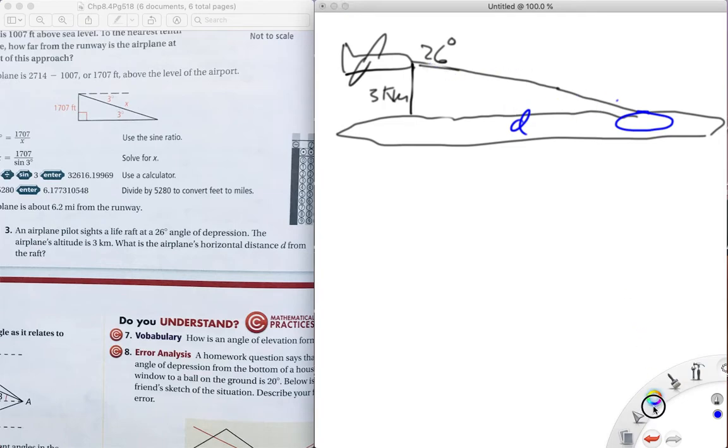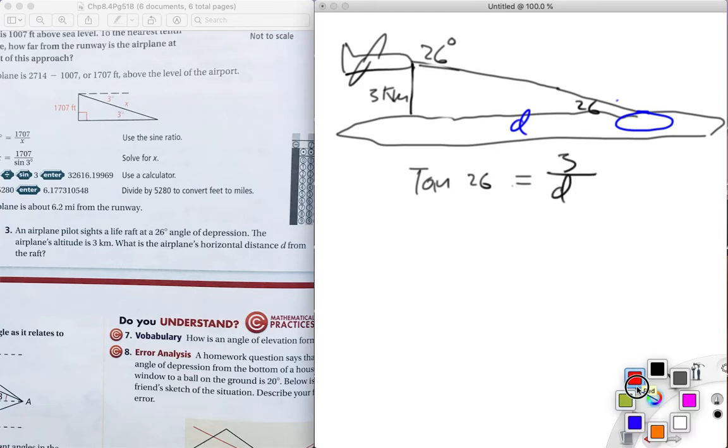So we use alternate interior angles, and we can go down here and say, okay, here's 26. From this 26, we have opposite and adjacent, so we have another tangent situation. So here we get tangent of 26 degrees equals opposite over adjacent, which is 3 over D. Multiply both sides by D, and then divide both sides by tangent of 26.